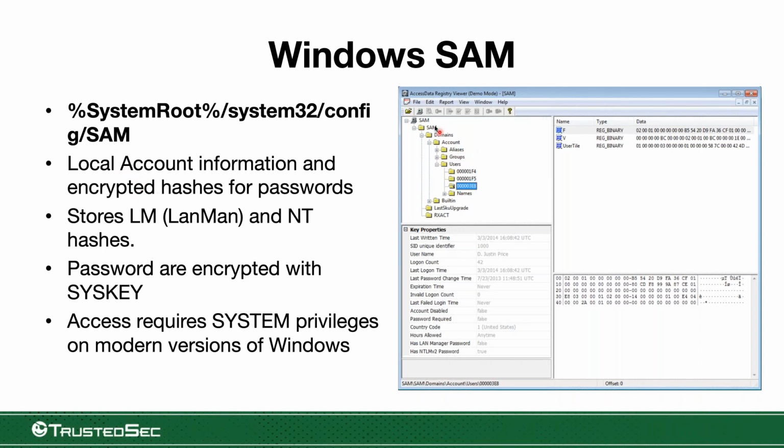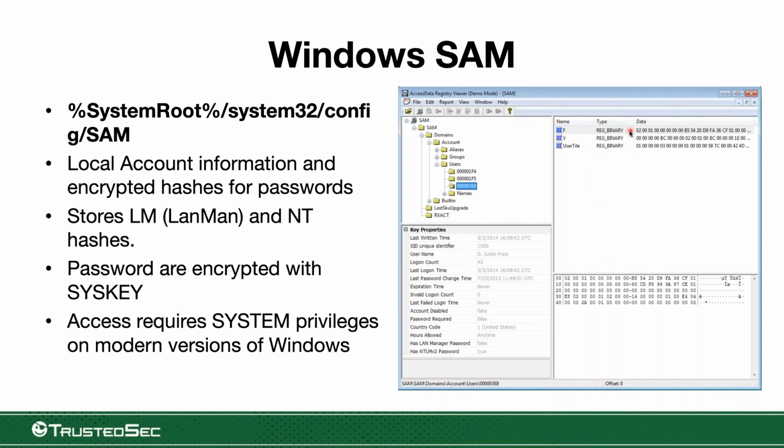As we can see here, we go into the SAM hive. Then we have another one called Domains, Account, then we go into Users. Each user here will have multiple properties, including their name, their SID, and other types of information, including last logon time, all of that information.